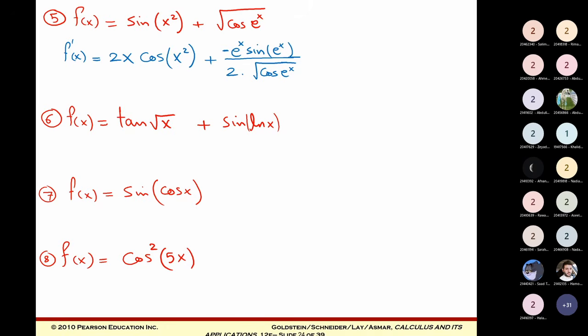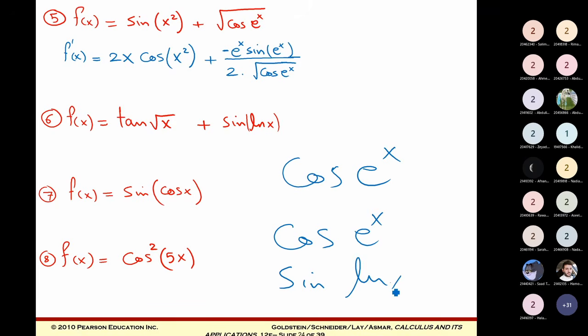This is not a product. Cosine ex is not a product, this is the angle, because after cosine or after sine, this is the angle. If we put ex or ln x, this is not a product.